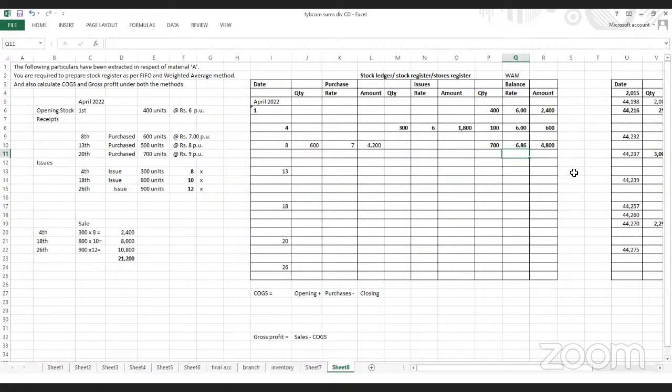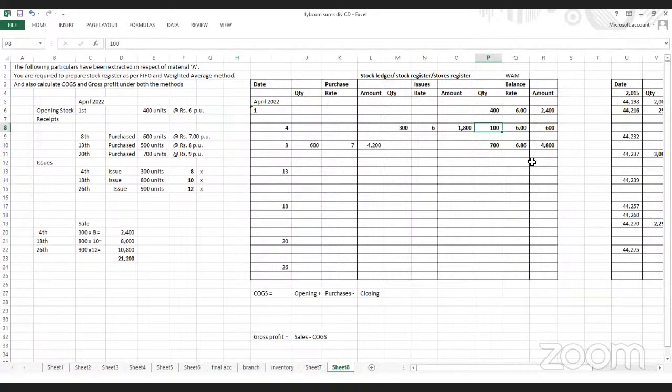Okay, students. I'll just repeat this transaction of purchase, additional purchase. On 4th, I had balance of 100 units. It was 6. So amount was 600. On 8th, I bought new stock. In weighted average method, I need not maintain separate record of each batch. I can just merge the stock. So what I did, I had 100 units in the beginning.